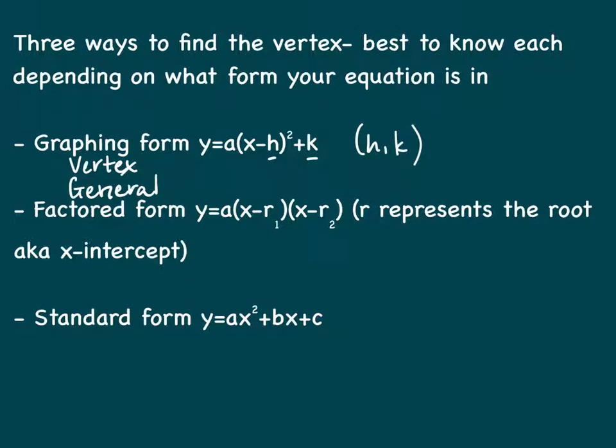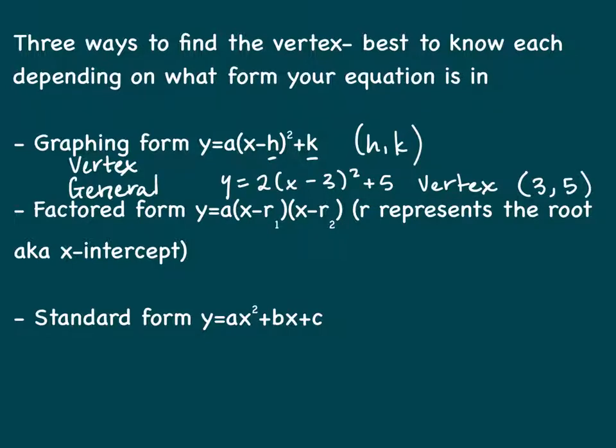It's just a matter of making sure that we pay attention to the fact that the h is usually the opposite of what we think. If it's minus, the h is positive. So if I have y equals 2 times x minus 3 squared plus 5, then we have a vertex of 3, 5.